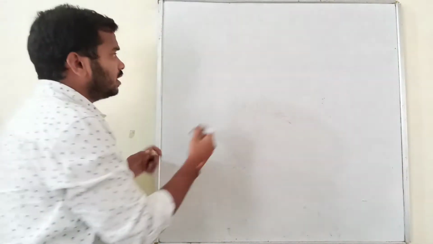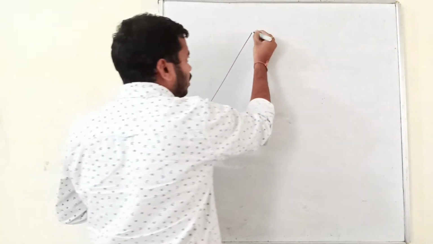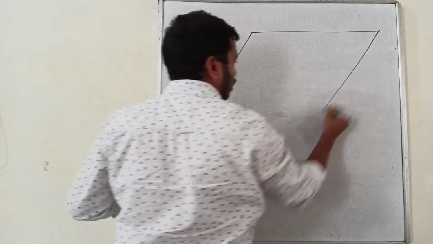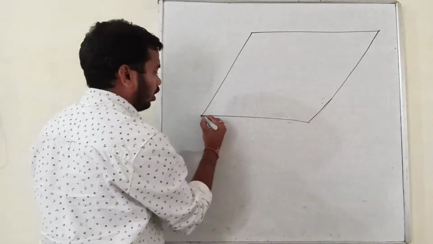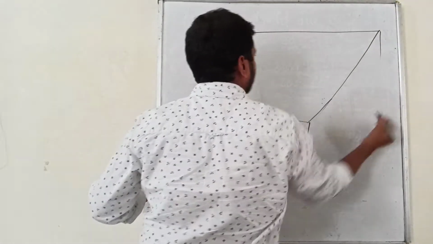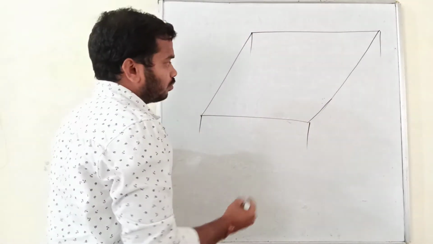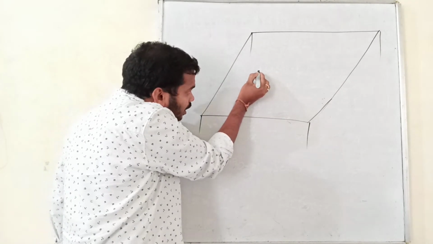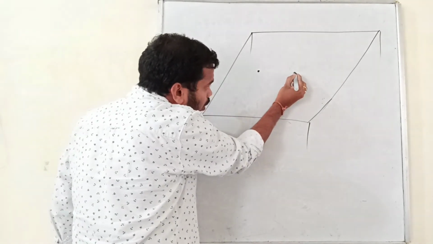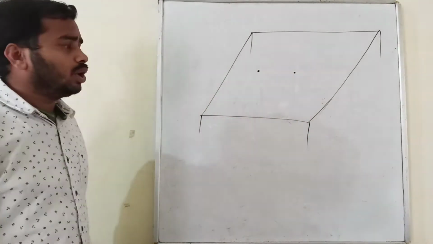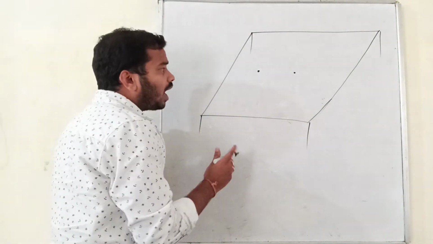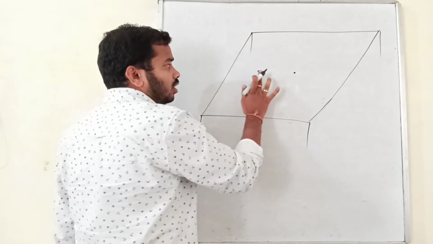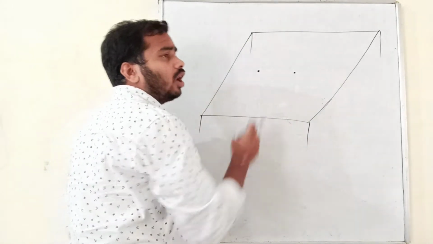Let us consider a plank, a table kind of structure, in which we need to make two holes, which can ensure us to pass a wire through them and make a coil.